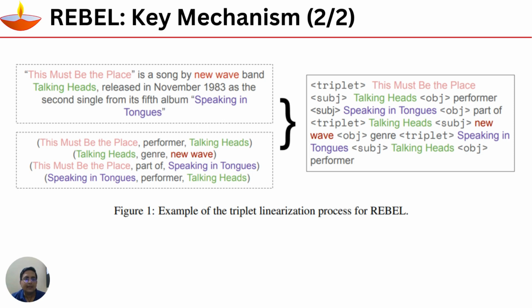Now, Talking Heads is of the genre new wave, right? So that's what is here, the second triplet. Then it also says This Must Be the Place, that's the subject, and is part of Speaking in Tongues. So the name of the album, in fact, is Speaking in Tongues, and it's part of this album, right?